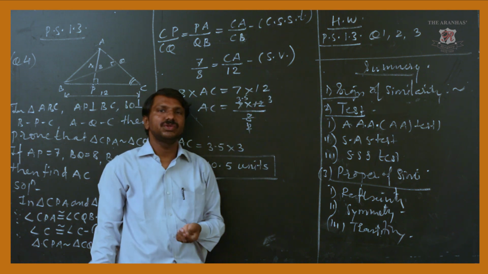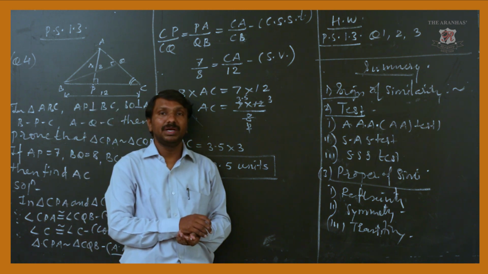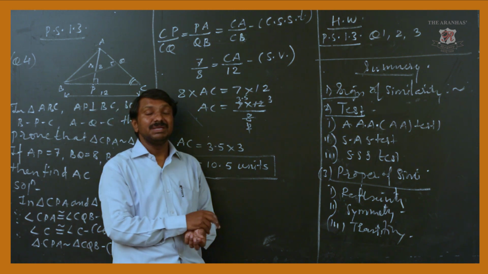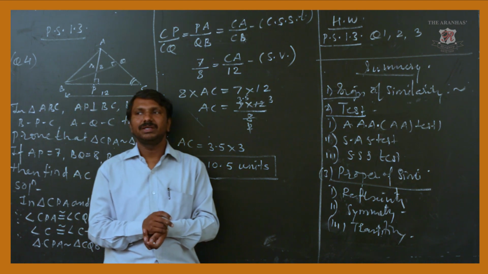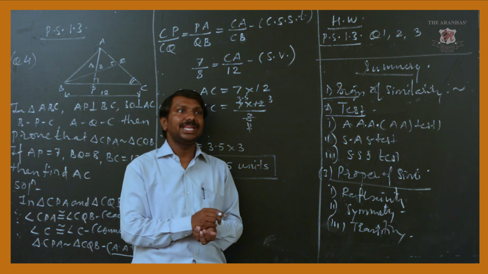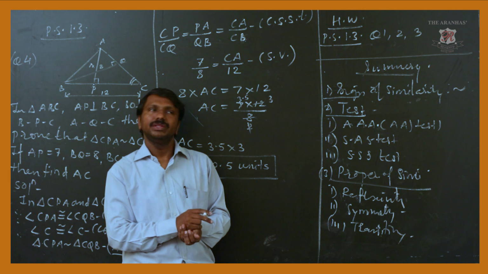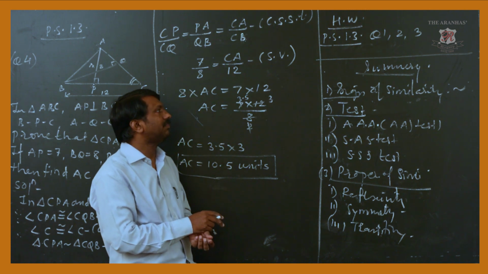Then the similarity concept will be over, and later the last topic of the lesson, the area of similar triangles theorem, will be discussed, and in this way chapter number 1 will be over.